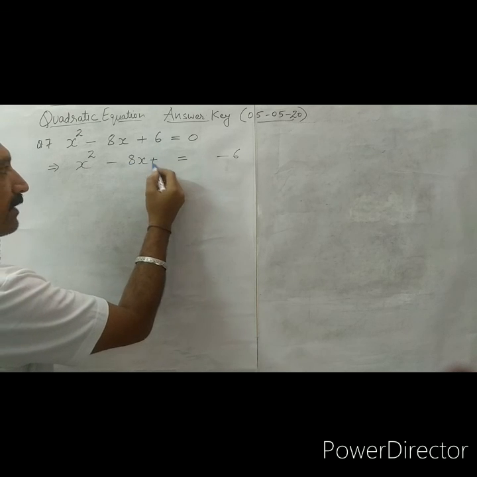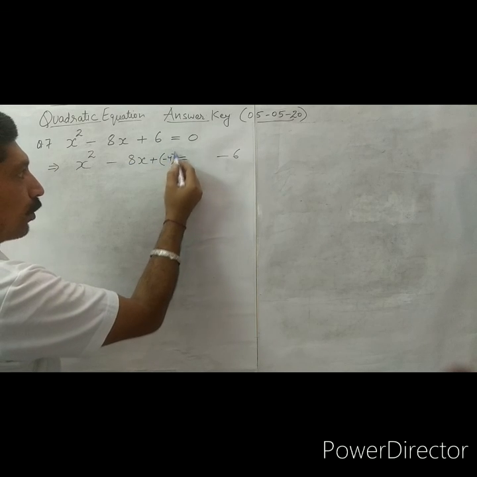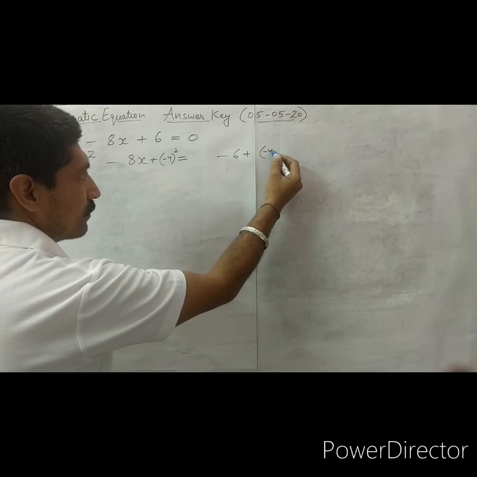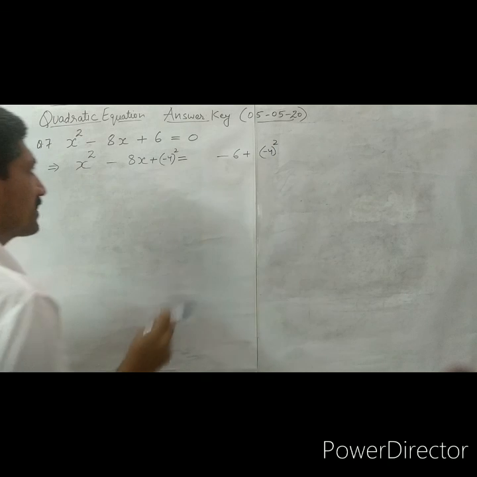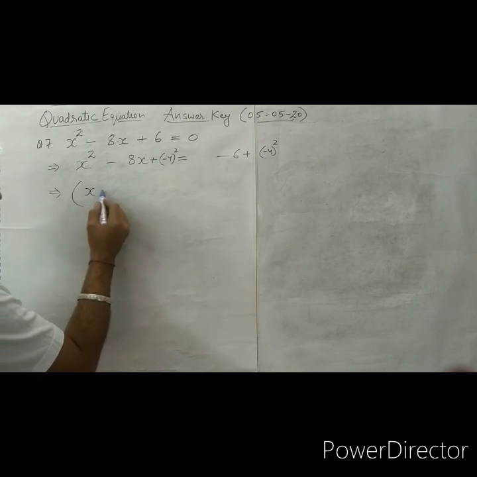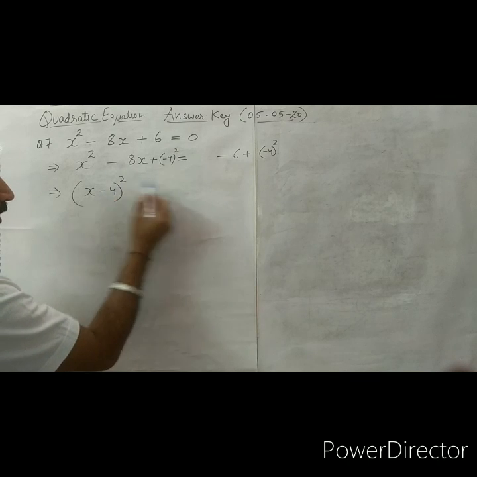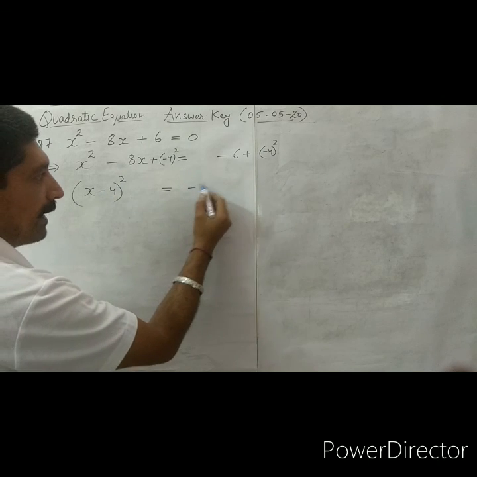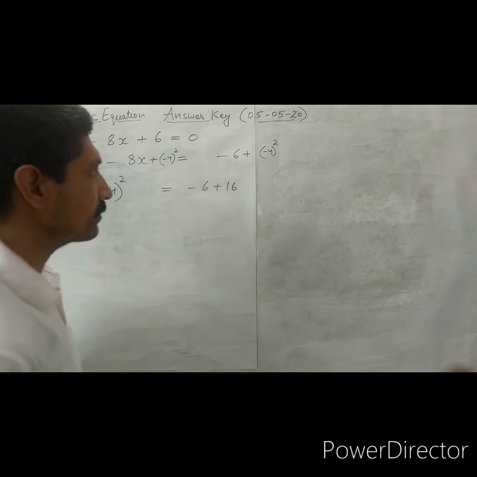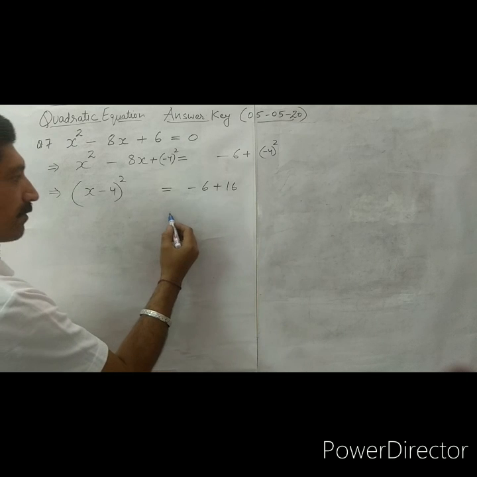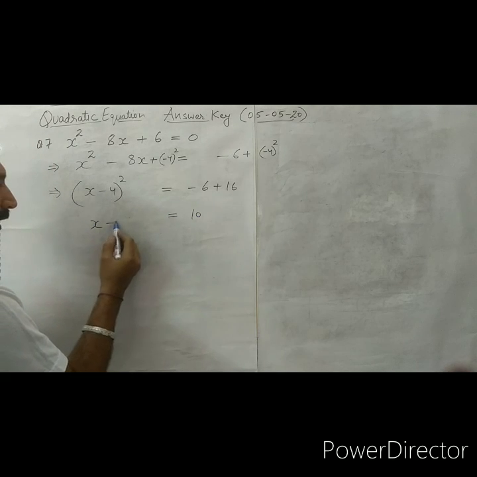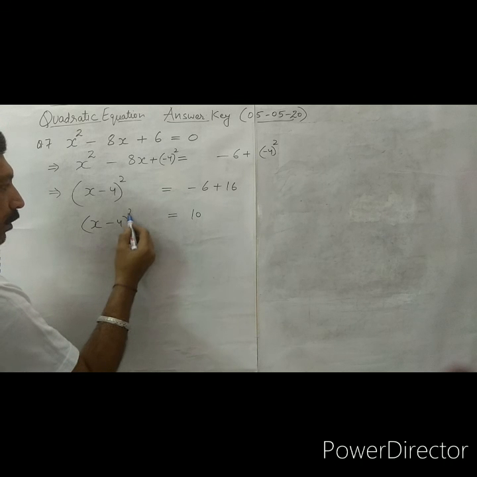So we add minus 4 whole square, which is 16, on both sides. So x minus 4 whole square is equal to minus 6 plus 16, so here we got 10.